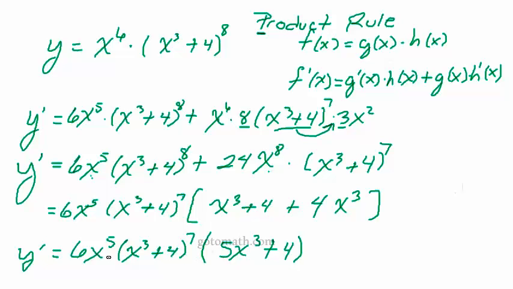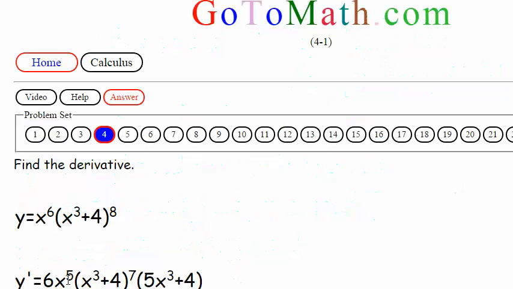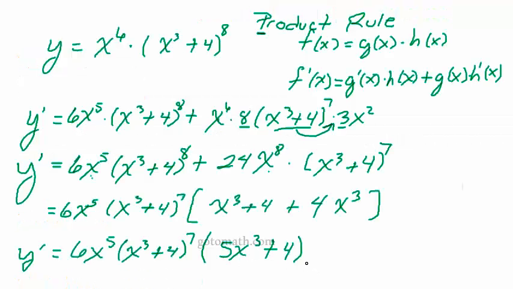So I hope that's what our script shows. Alright, has everybody got that? 6x to the 5th, x cubed plus 4 raised to the 7th power. We got 5x cubed plus 4. Looks good.